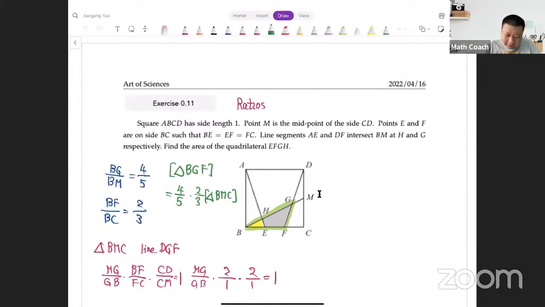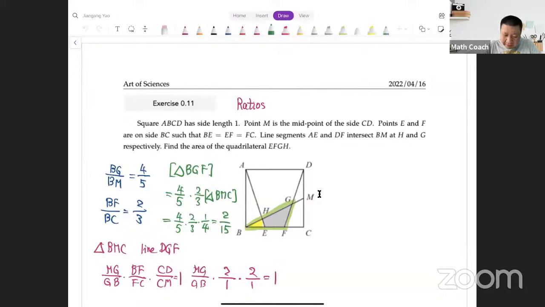So it is 4/5 times 2/3 times a quarter. So that would be 2/15, right? I calculated it right. Okay, so now we get this part.